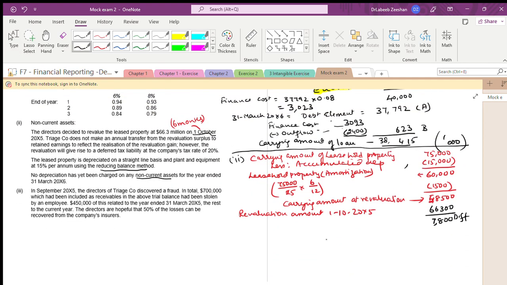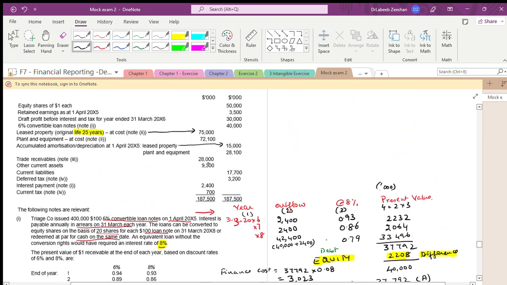The directors decide the transfer does not make any surplus. However, the revaluation deferred liability. The leasehold property is depreciated on straight line basis. No depreciation charge on the assets for the year ended 31st March 2006. When they have taken this leasehold property, that is very important.